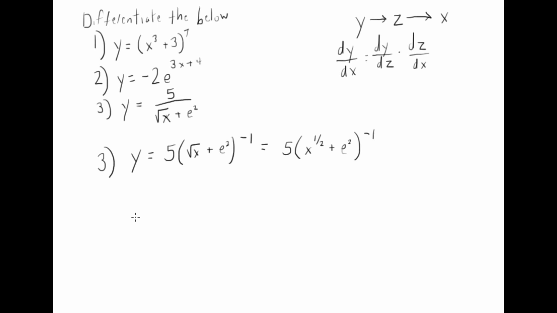I'm just rewriting it. So now, if I talk about what my chain looks like, again, you want to find an inside function. That's your z. And again, good hints for z are things in parentheses, things in exponents, things in denominators. So we'll use what we have in parentheses here.